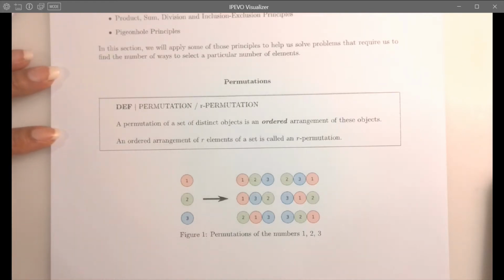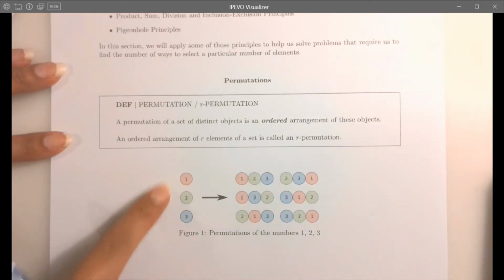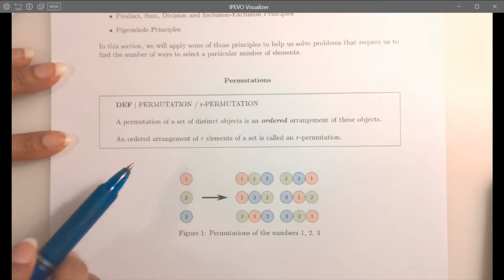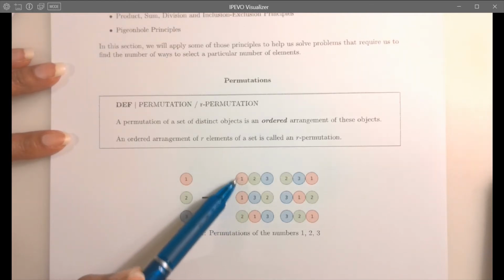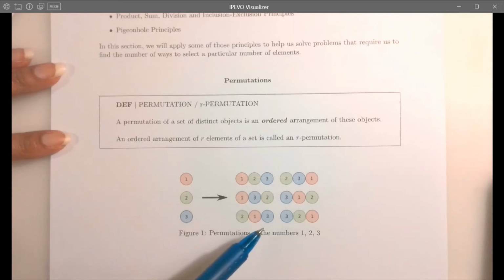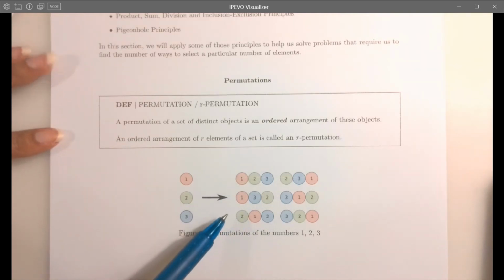A permutation of a set of distinct objects is an ordered arrangement of those objects. If you take a look here at figure 1, we have 3 elements, 1, 2, and 3. If we consider all of the different ways to arrange those 3 elements, then each one of those arrangements is called a permutation.